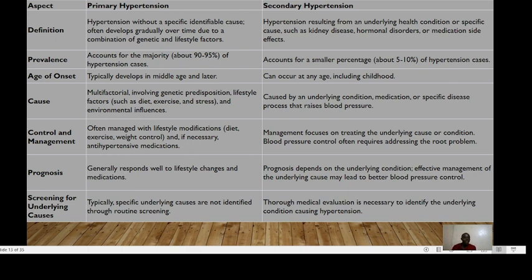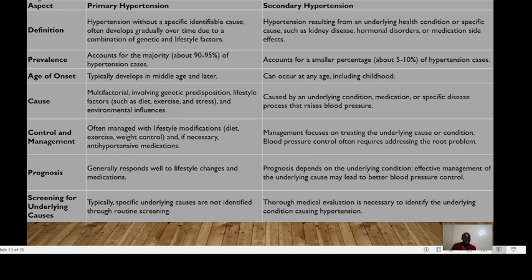In terms of causes, primary hypertension is multifactorial, involving genetic predisposition, lifestyle factors such as diet, exercise, stress, and environmental influences. This is different from secondary hypertension, which is caused by an underlying condition, could be a medication, could be a specific disease process that raises the blood pressure.